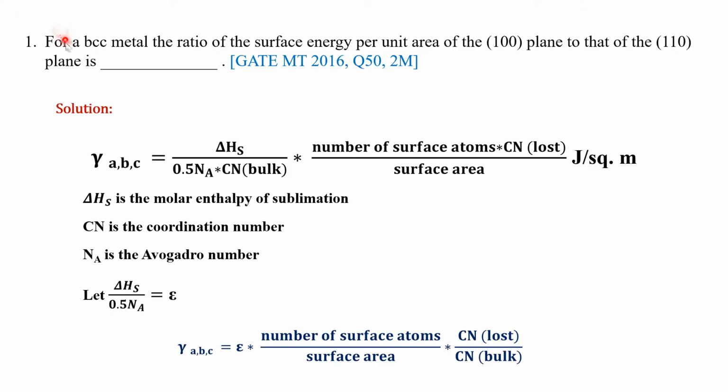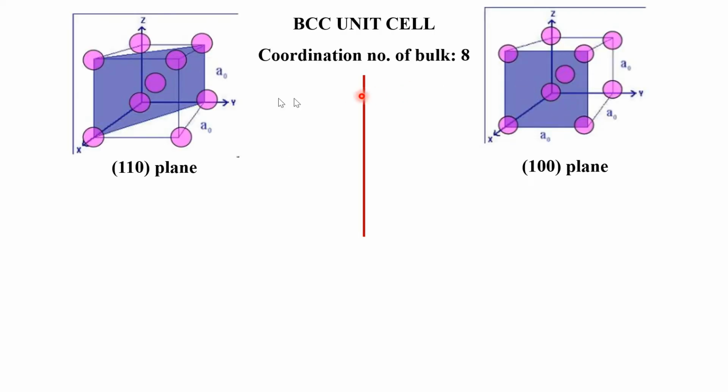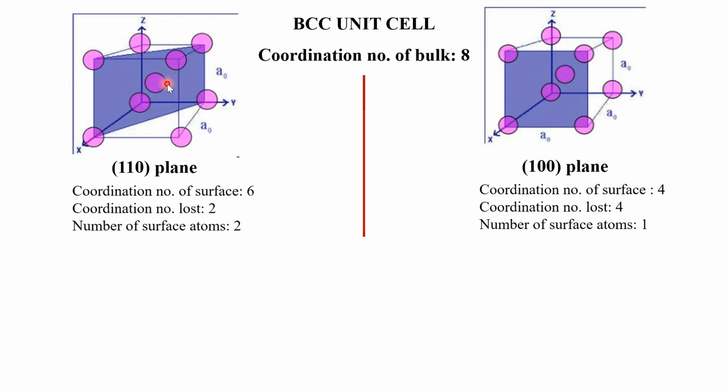So here this was the question for a BCC metal. The ratio of surface energy per unit area of the 100 plane to that of the 110 plane is root 2 or 1.414. For tackling this kind of questions, we need to identify first how to draw a plane. Then for BCC and FCC, we need to identify where the atomic positions are, and then we should know the bulk coordination number, and we should be able to calculate the surface coordination number.